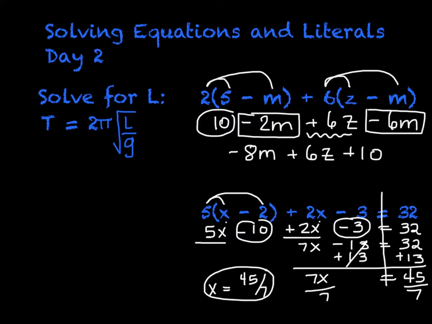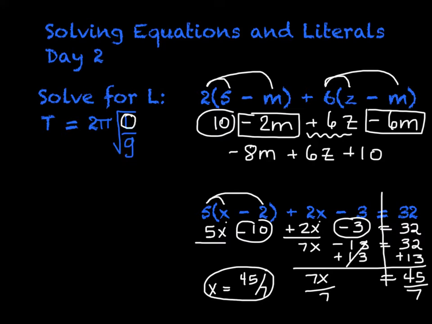Okay, now I'm over here, I'm going to solve for L. This is really kind of ugly. So the first thing I just want to talk about is this says t equals 2 times pi times the square root of L over g. Well, here's my L inside.